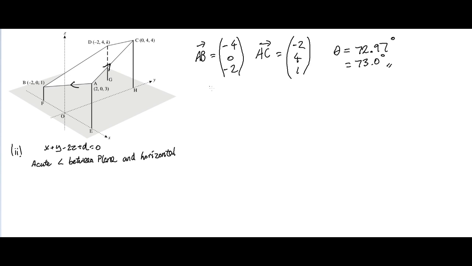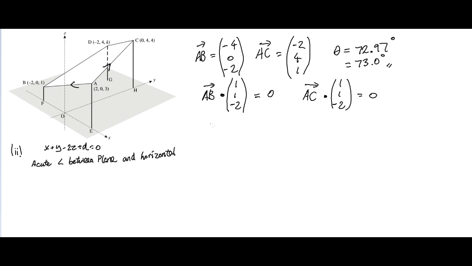So if AB dotted with 1, 1, minus 2, because those are the coefficients of x, y, and z, is 0, and if the AC vector dotted with 1, 1, minus 2 is also equal to 0, then it is a normal vector, and therefore this equation is the plane equation.